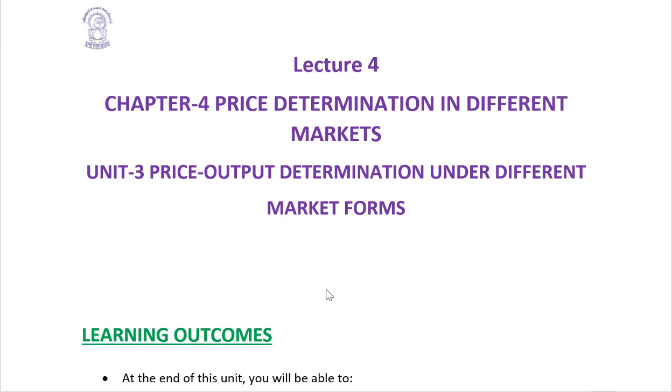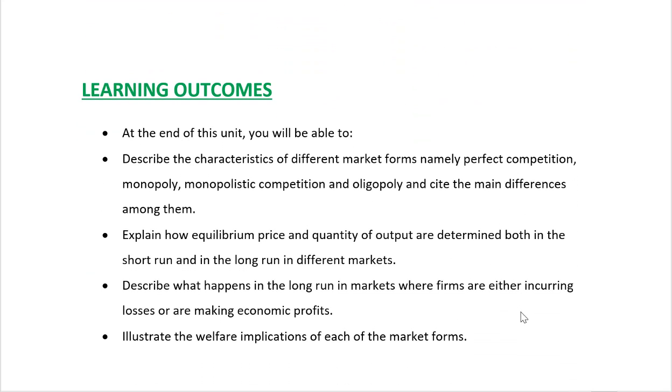Let us see the learning objectives first. At the end of this unit, we'll be able to understand and describe the characteristics of different market forms, namely perfect competition, monopoly, monopolistic competition, and oligopoly, and cite the main differences among all the market forms.